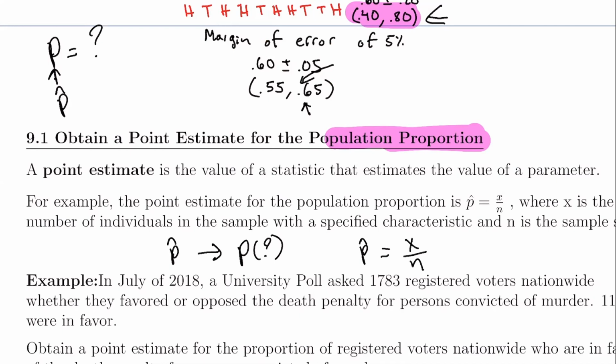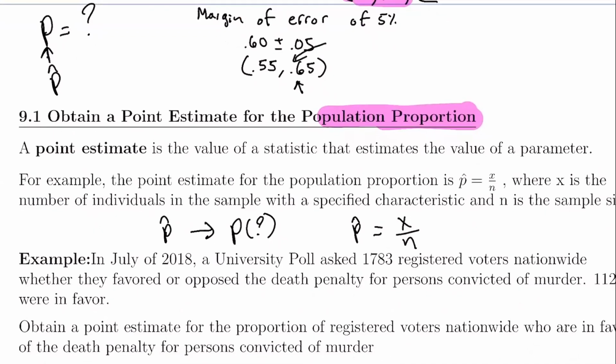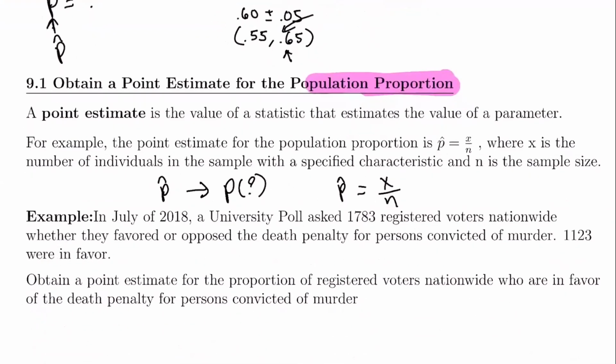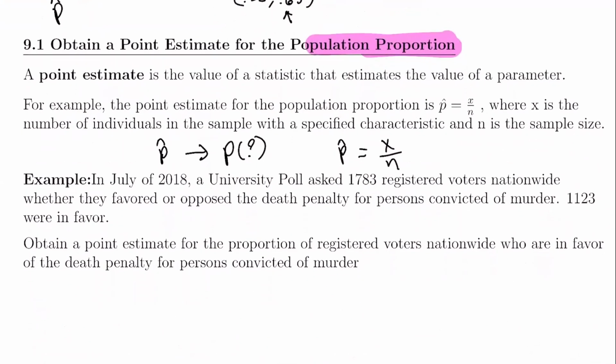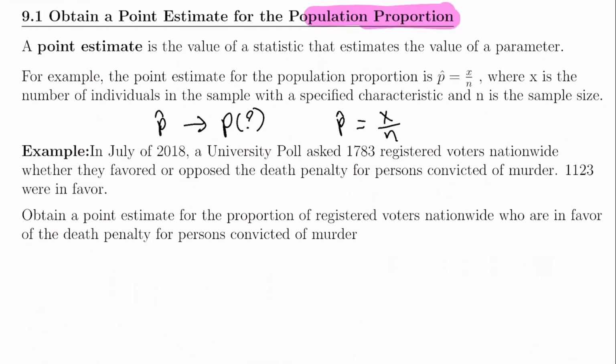All right then. Let's scroll on up and do our very first problem. For this first example, it says in July of 2018, a university poll asked 1,783 registered voters nationwide whether they favor or oppose the death penalty for a person convicted of murder. 1,123 were in favor.